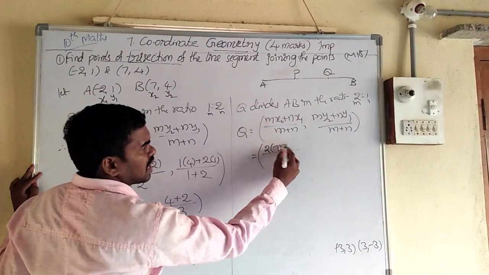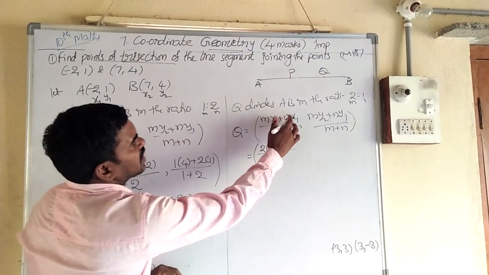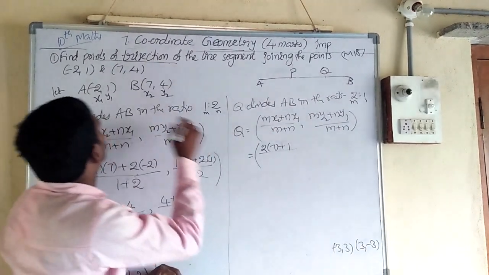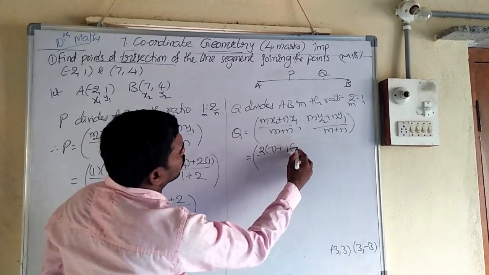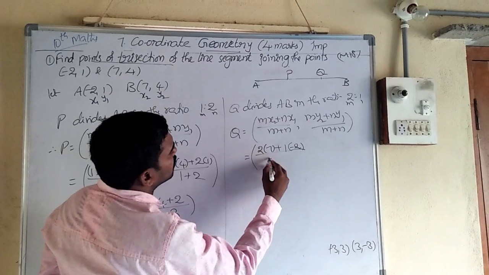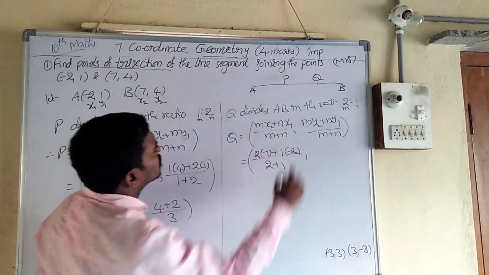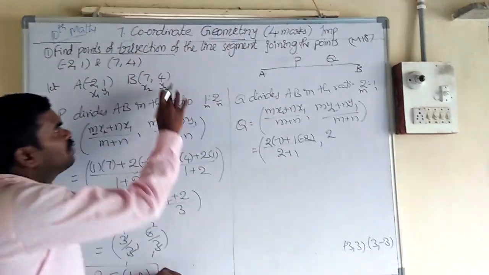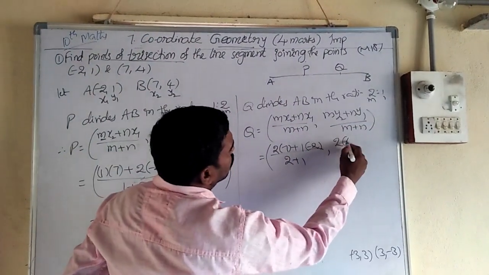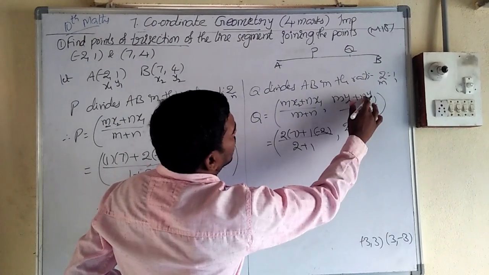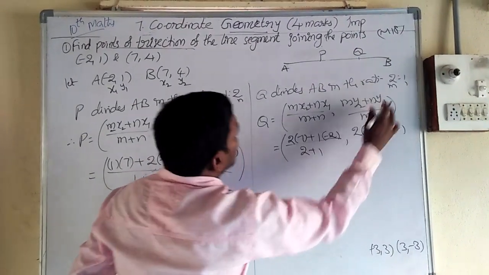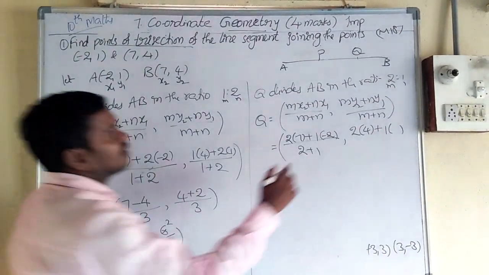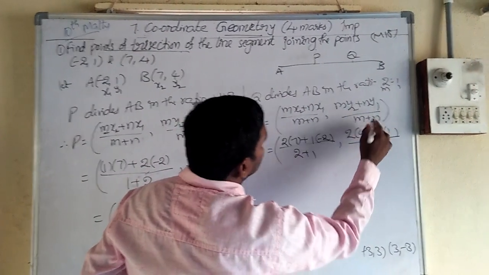Next plus n means 1, x1 means minus 2, by m plus n means 2 plus 1. Next m again 2, y2 means 4, plus n means 1, y1 means 1, whole by m plus n.